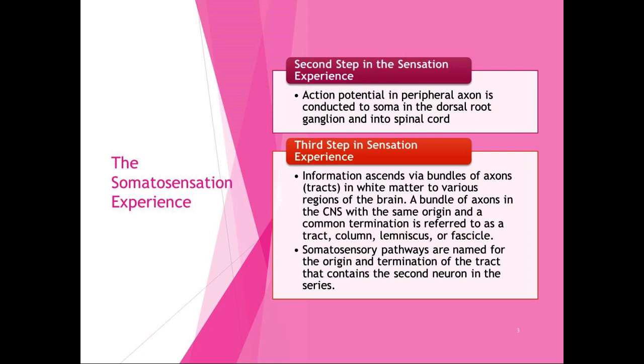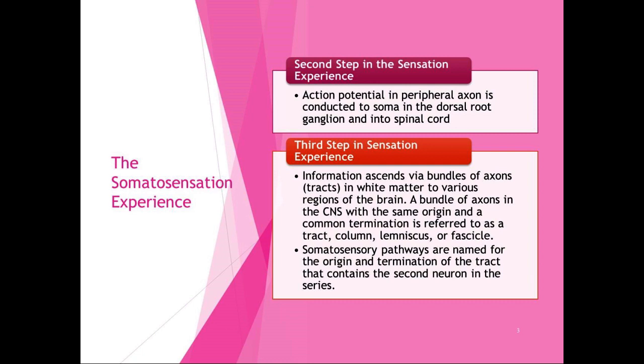So remember, it's that pseudo-unipolar neuron, the soma of peripheral sensory neurons live in the dorsal root ganglion, of the peripheral nerve going into the spinal cord. So the first step is the sensation information is encoded and sent up, that receptor potential sets off an action potential in the peripheral axon, and it's conducted to the soma in the dorsal root ganglion, and from there into the spinal cord.